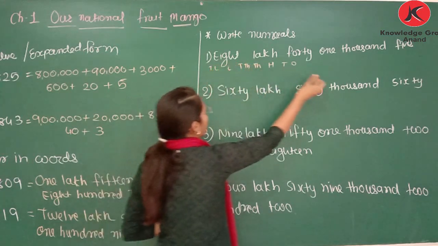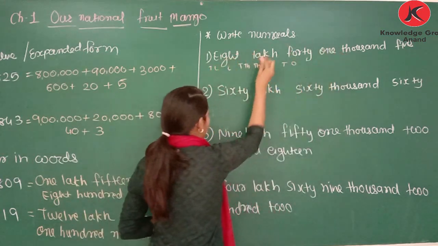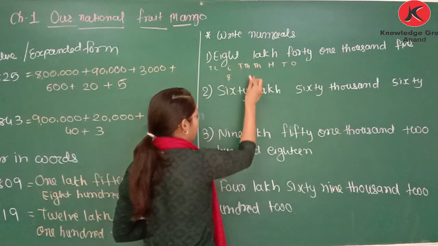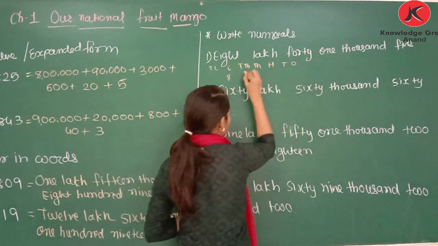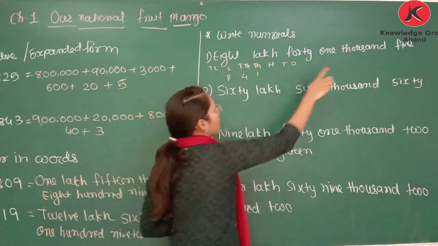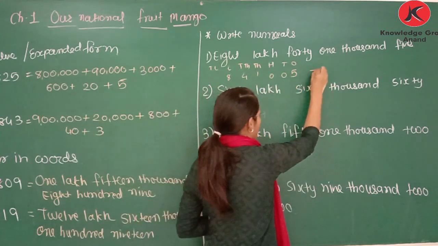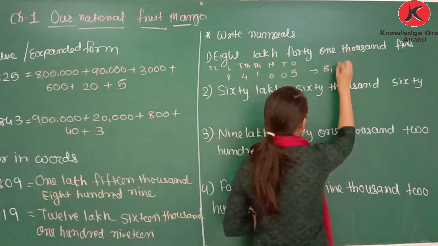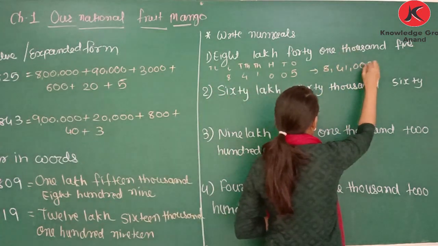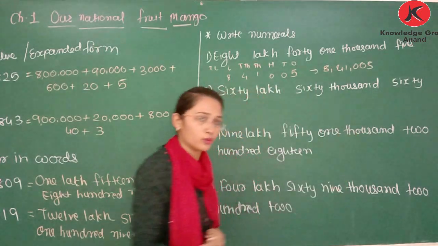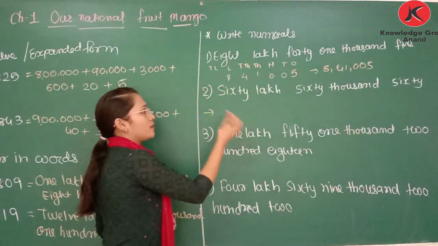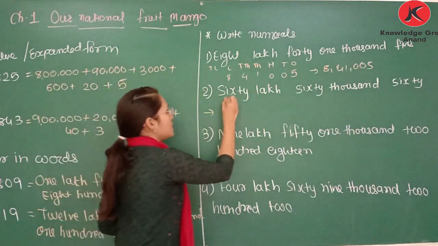So here 8 lakh means lakh contains 8. 41,000, so 41,005. So 5 at the ones place. Remaining digits will be 0. So it is 8,41,005. Clear?